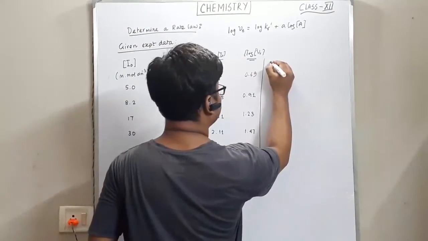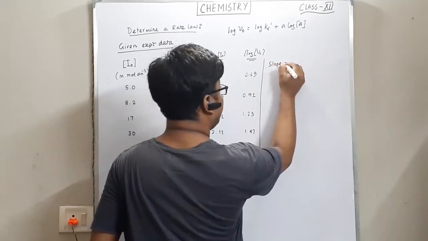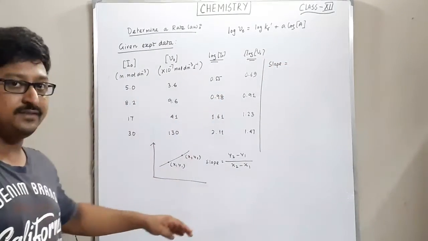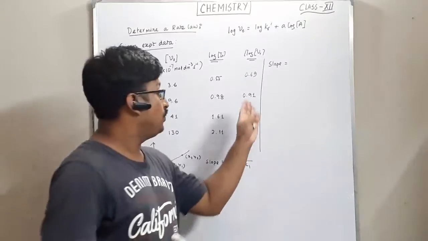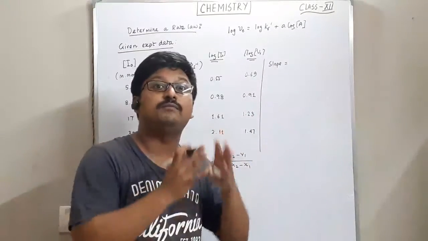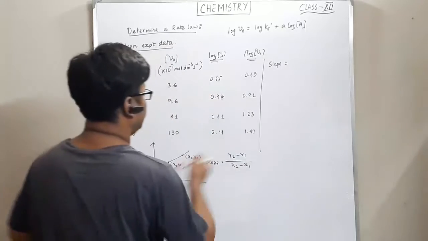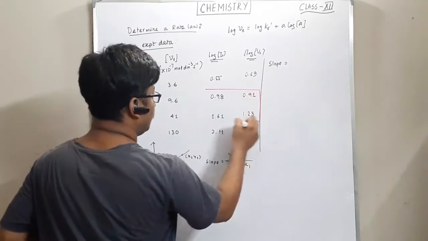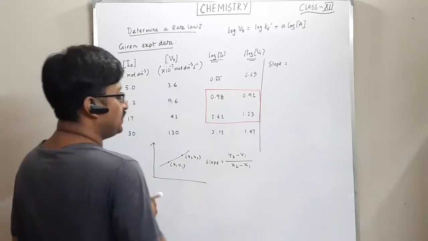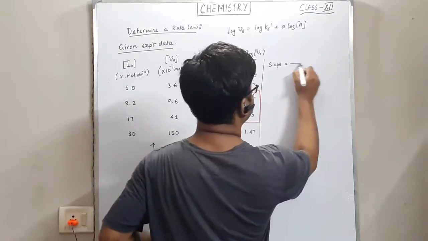To calculate the slope we can take any two data, but I would recommend taking two consecutive data from the middle. We will take these two sets of data. So what is the slope basically?